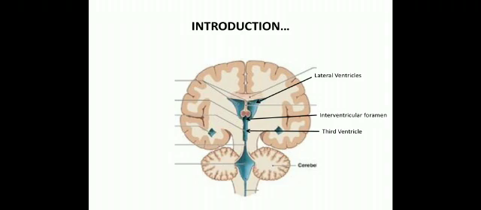From the third ventricle, it passes through the cerebral aqueduct to the fourth ventricle. From the fourth ventricle, the CSF passes to the subarachnoid spaces of the cerebrum and the vertebral canal through the median and lateral apertures of the fourth ventricle. Some of it passes through the central canal of the spinal cord.